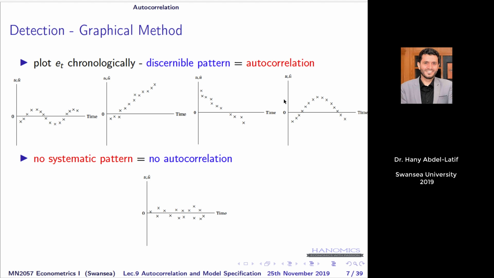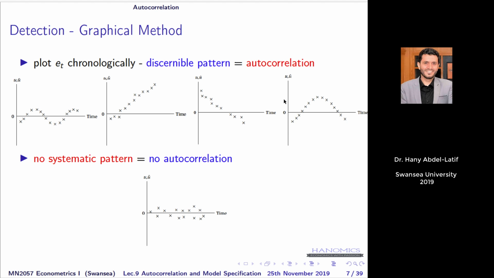The last one at the bottom doesn't show any cyclical pattern, linear trend or quadratic trend. That suggests there's no autocorrelation. So one way to detect autocorrelation is to plot your residuals and see if there is any pattern.